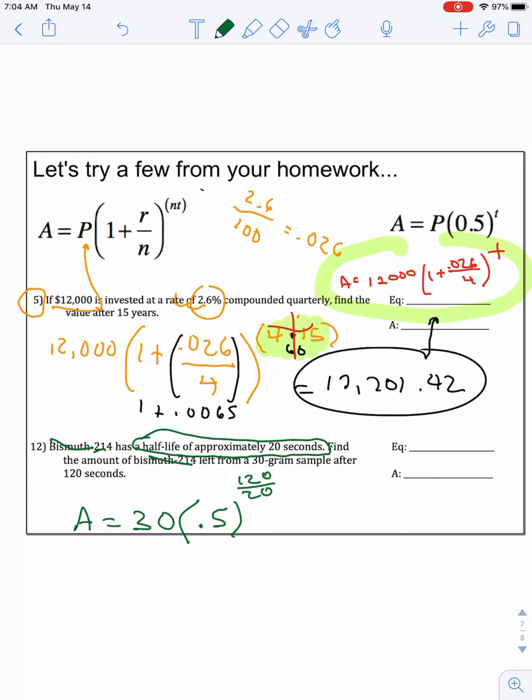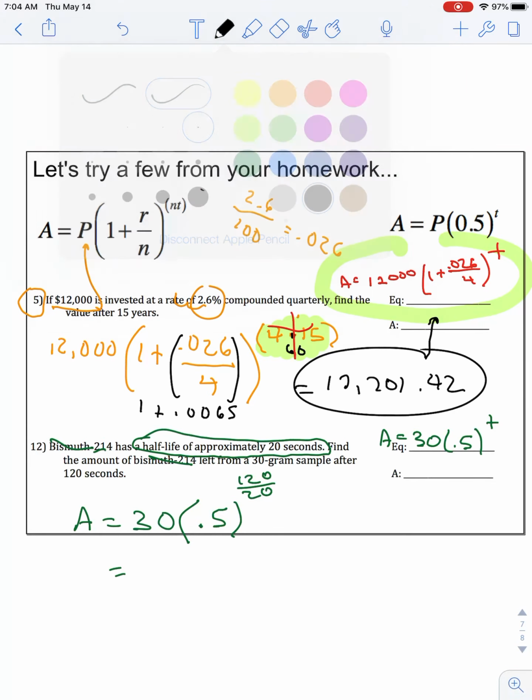If we were going to just write the equation, we would leave T open so we could change it. So we could put a T there. But I'm going to go ahead and simplify this now. 120 divided by 20 is 6.